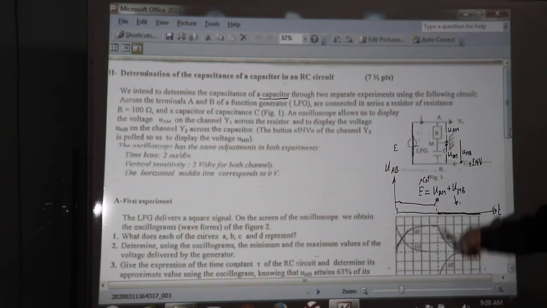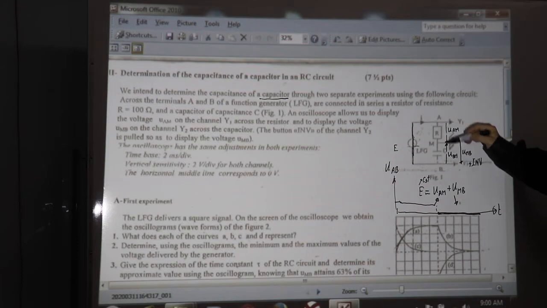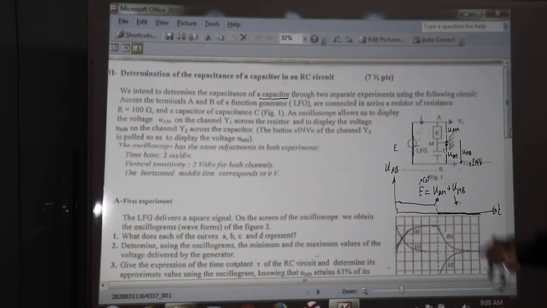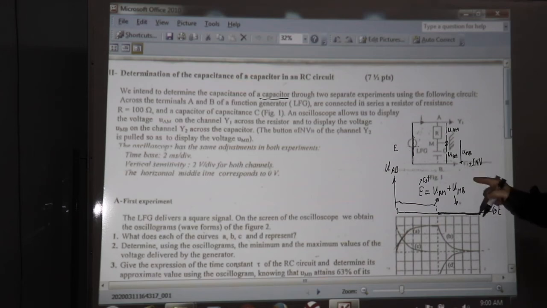And D represents voltage UAM, which is equal to UR, during discharging of C. Also, how do you know this? Since it is discharging, you know that E is equal to 0.